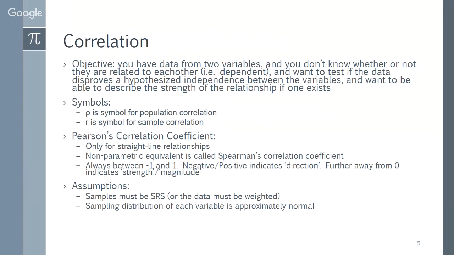But -0.8 is a very strong negative correlation. +0.1 is weak positive correlation. So the magnitude is important, and again, don't get confused between the sign of your correlation coefficient and the magnitude. Magnitude does not depend on whether it's negative or positive. Magnitude is how far away from zero it is.